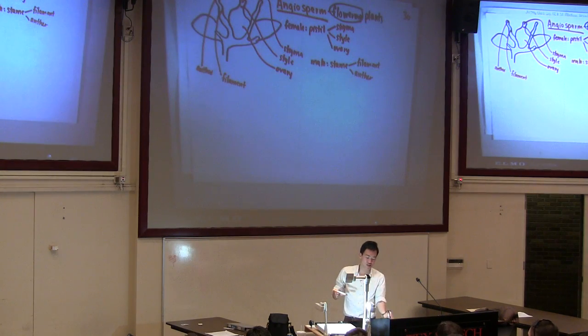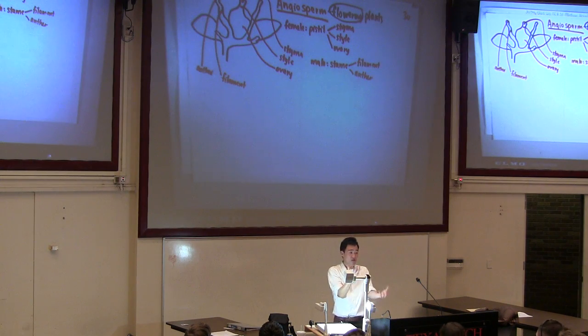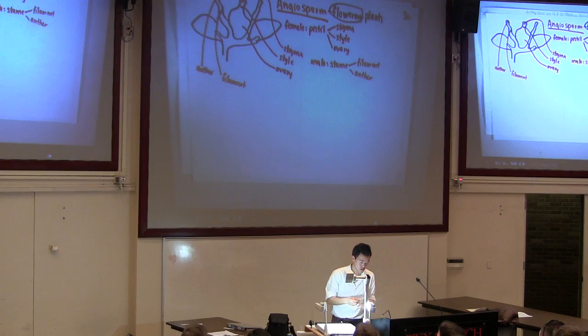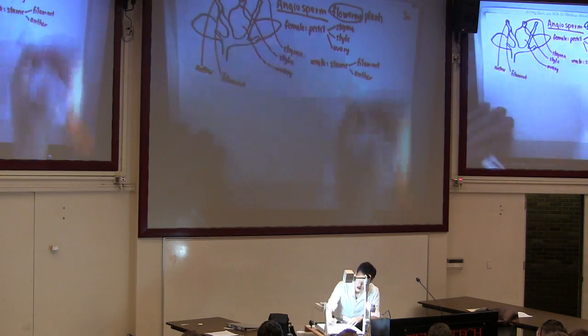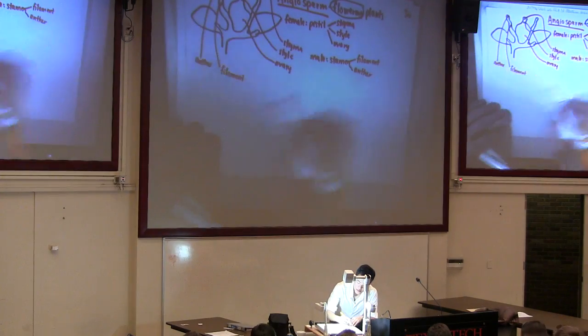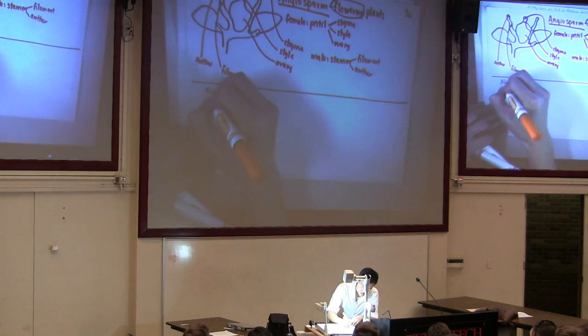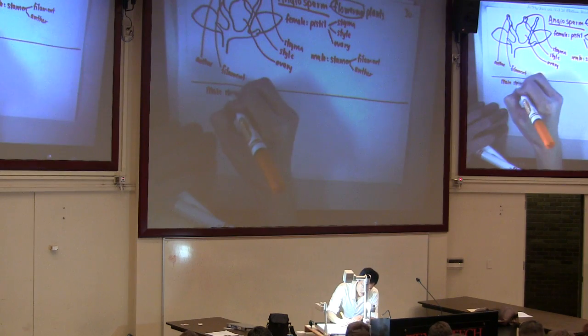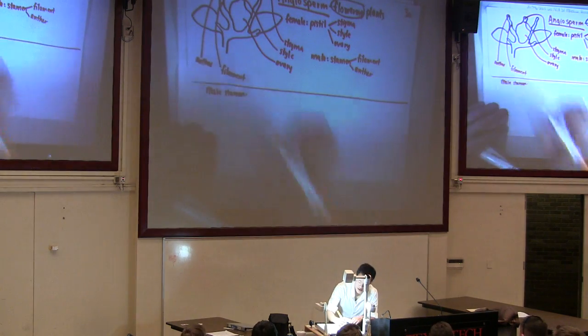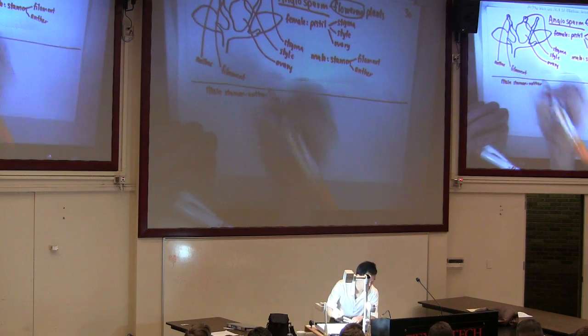So the process is actually really similar to the one in gymnosperms. Okay. So the only difference is now we have two different structures, right? So within the male stamen, more specifically the anther, what is occurring?